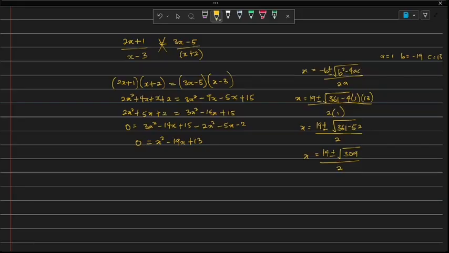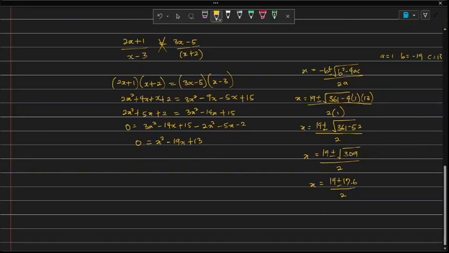So, what is the square root of 309? 17.58. Let's just say 17.6. Let's avoid too much decimals. So I have x is equal to 19 plus or minus 17.6 all over 2.